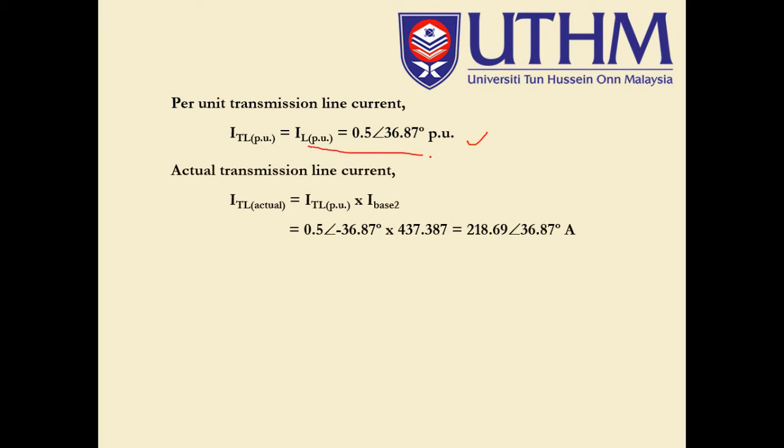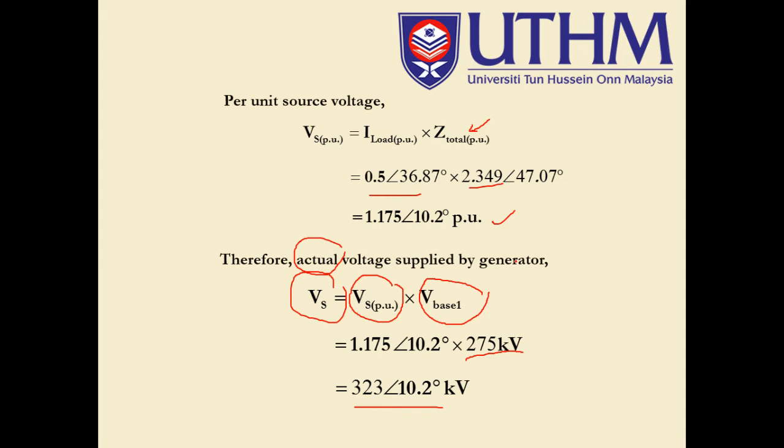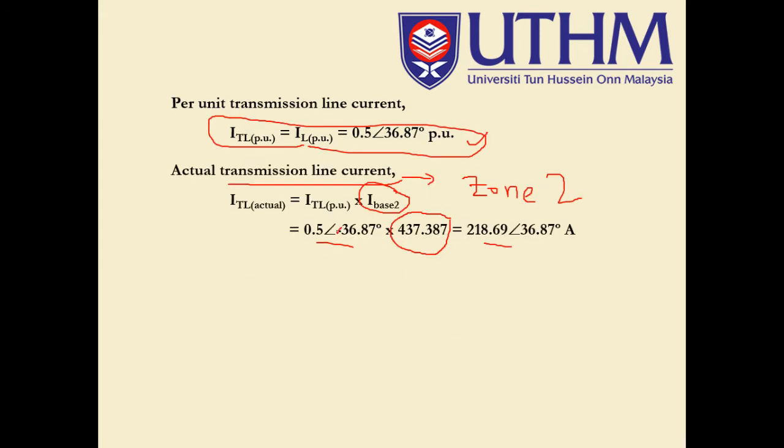Since we have the PU value over here, multiply by the base, number 2, because transmission line again is located in zone number 2. All right, so pick the base current in zone number 2, which is 437.387 multiplied by ITL, and giving this value, 118.669. Right, it's supposed to be positive, so we delete it.